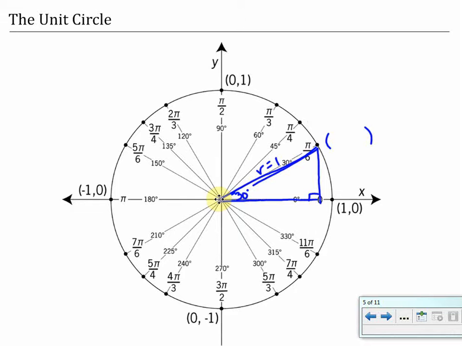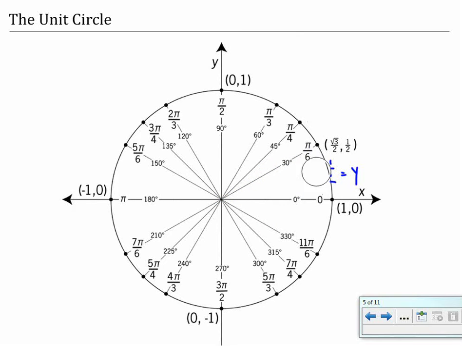So then using my special right triangle values, I can fill in the other parts of the triangle. That would make this 1/2, and this would be radical 3 over 2. So the coordinate points at 30 degrees, or pi over 6 on the unit circle, radical 3 over 2 would be my x, and 1/2 would be my y. So that's my point that exists for 30 degrees on the unit circle.